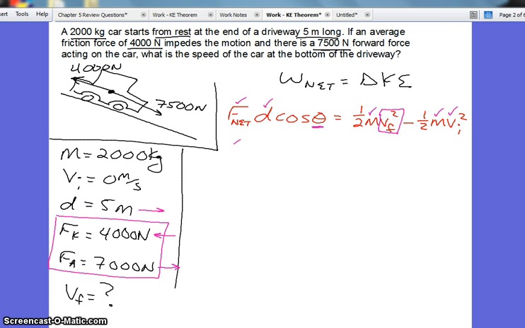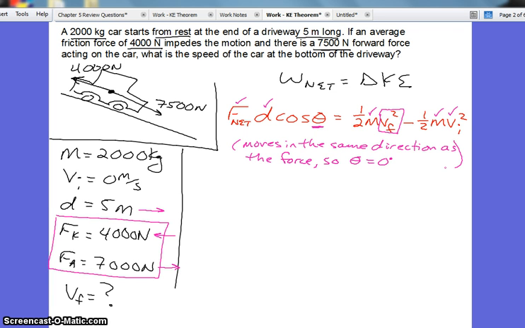So I'm going to write here, it moves in the same direction as the force. So the angle is 0 degrees.